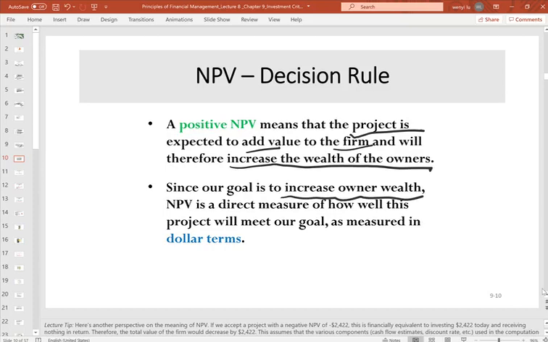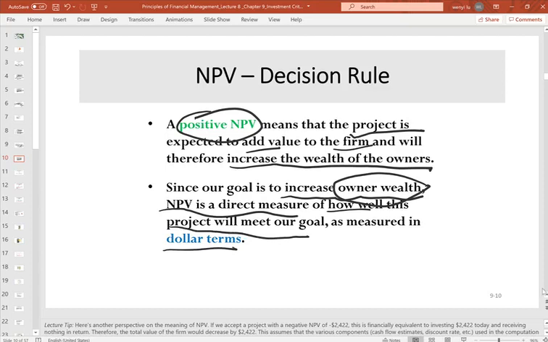So any project that generates a positive net present value increases the wealth of the owners. The NPV is a direct measure of how well this project can meet our goal, measured in dollar terms.